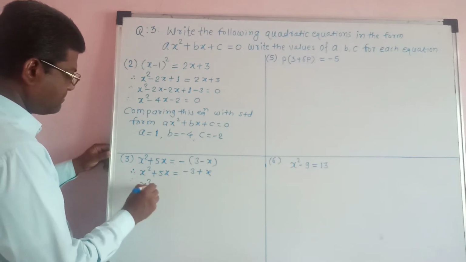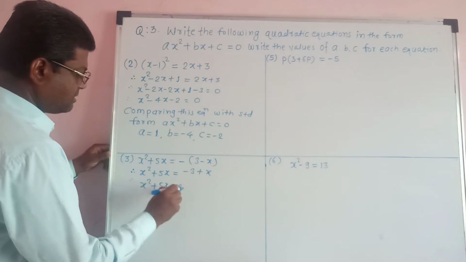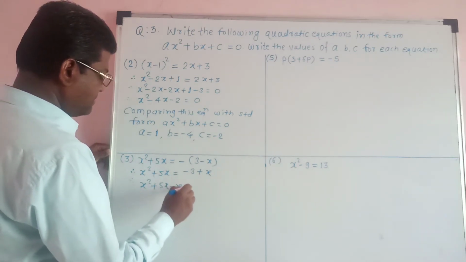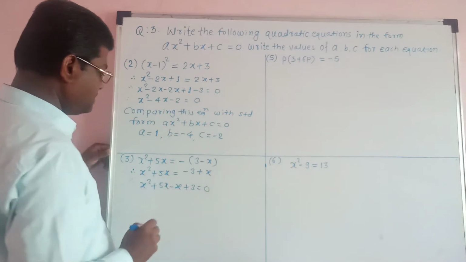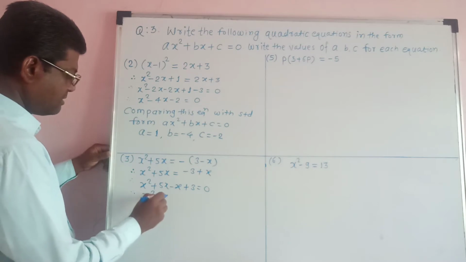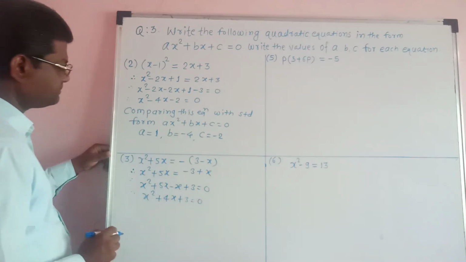Therefore x square plus 5x, this x will go here as minus x and minus 3 will be plus 3, is equal to 0. Therefore x square plus 4x plus 3 is equal to 0.